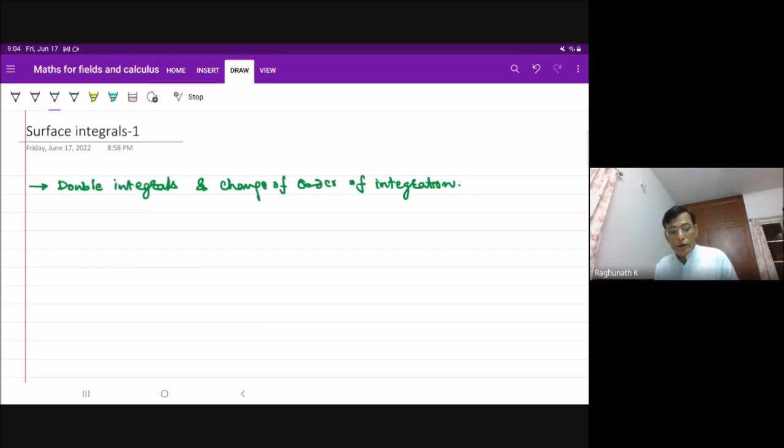Describe the region of integration and evaluate the following integrals as it is, and after changing the order of integration.